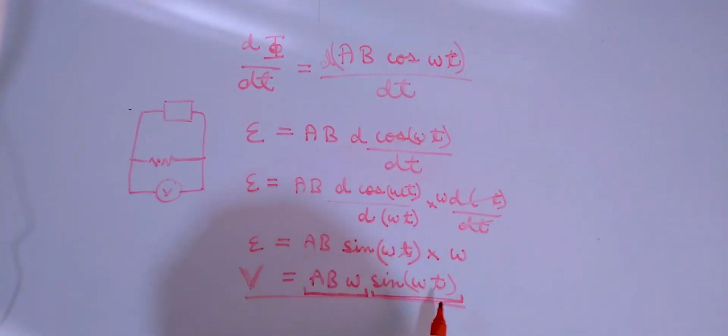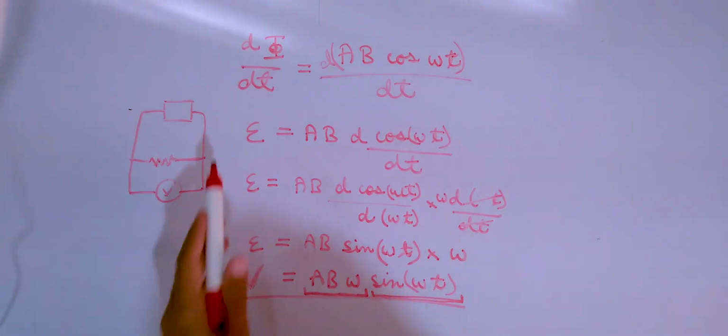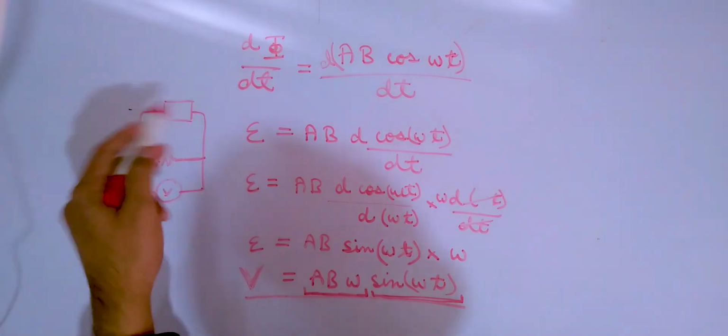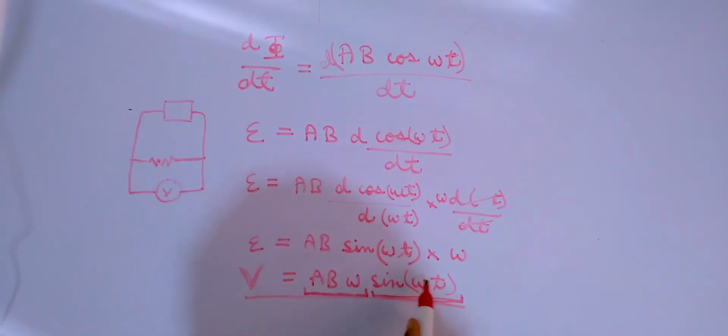That would happen when omega t, or theta, is 90 degrees, or pi by 2. So let's say at some orientation of this coil we get theta as 90, and we get sine of 90 as 1.